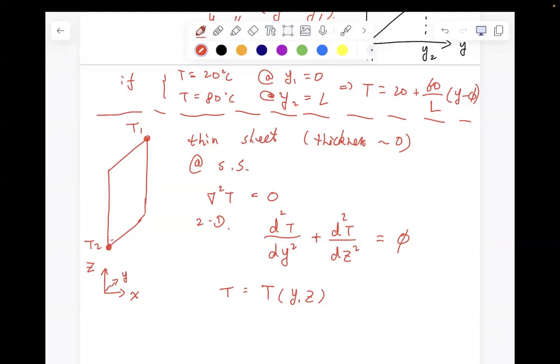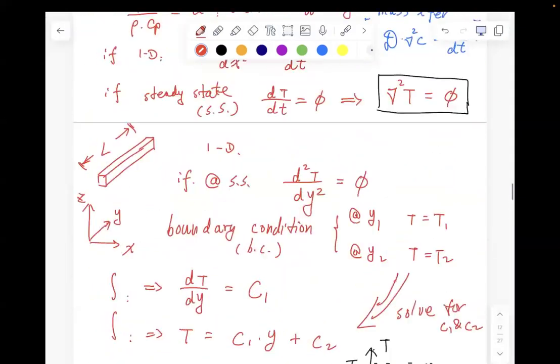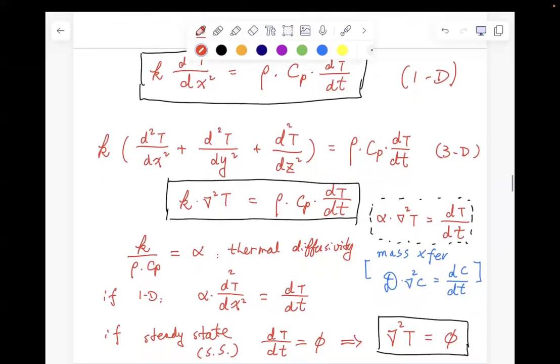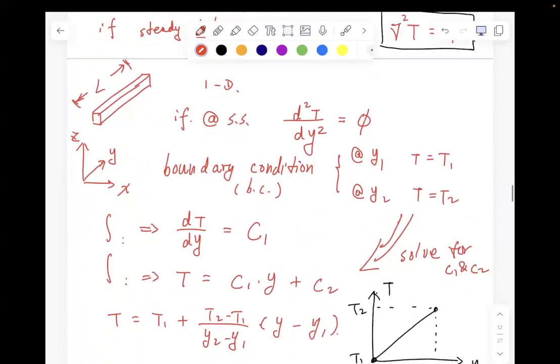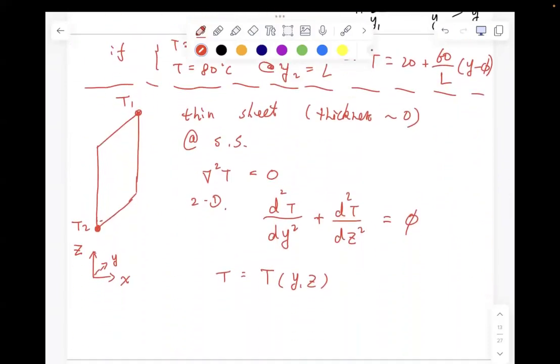All right, so I use this video to go through these special cases of equations from what we got in the class, one-dimensional and three-dimensional, and then steady state. These are the one-dimensional steady state and two-dimensional steady state equations. All right.